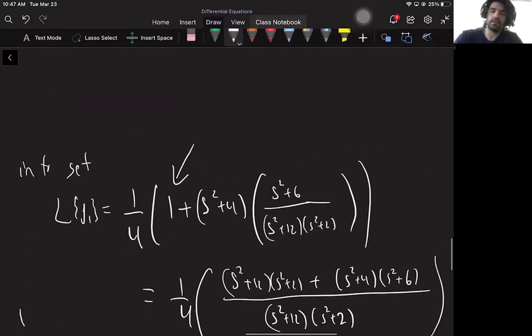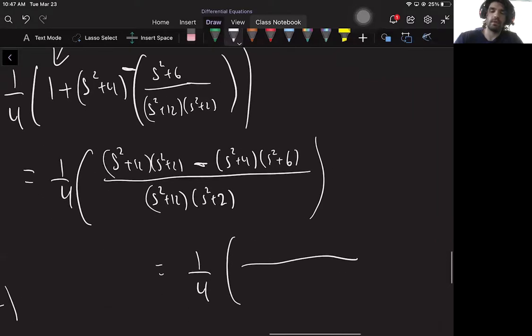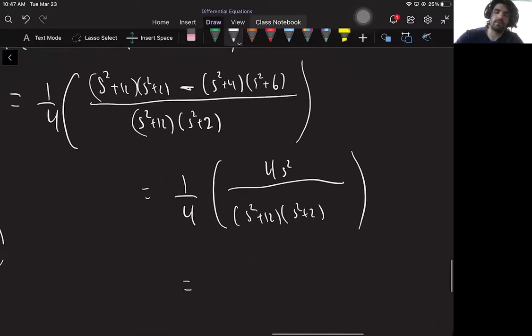So this was all a big old minus here, which will make this be minus, which is what we want to happen. So if you FOIL everything out and you simplify, this will just turn into 4s squared up on top there. Now those 1/4 will cancel.